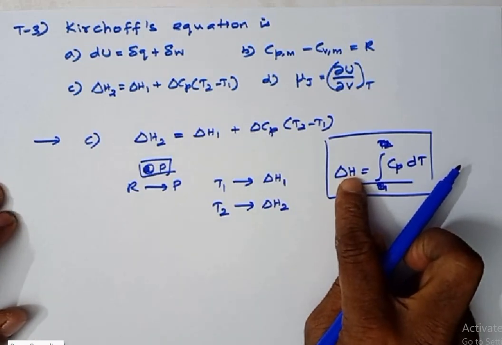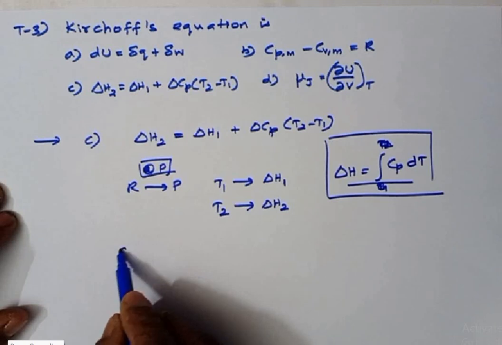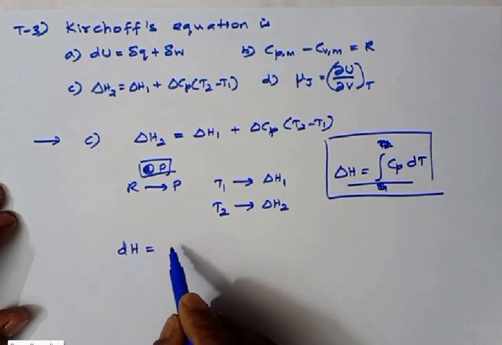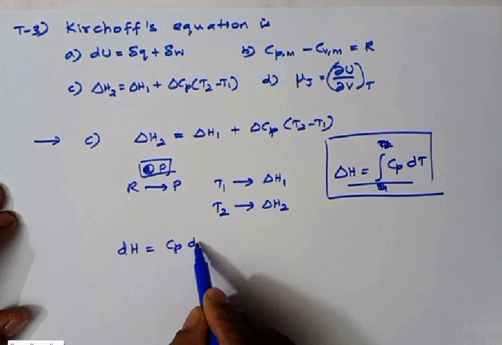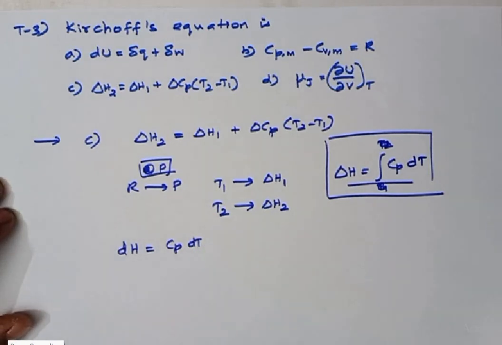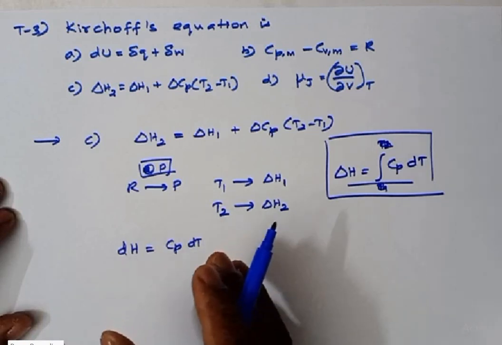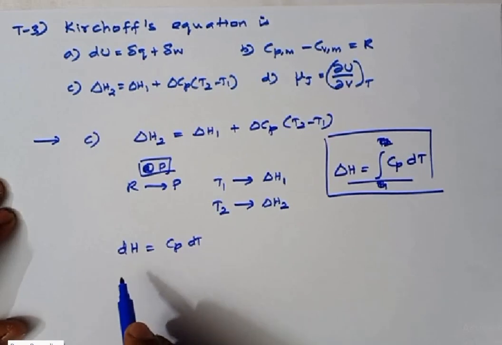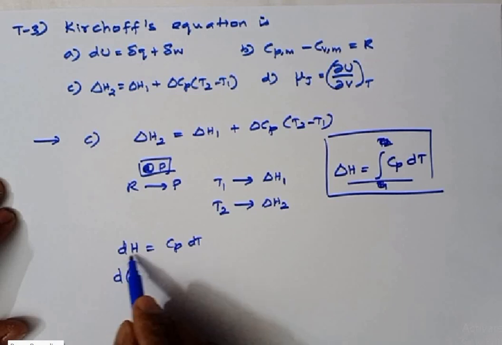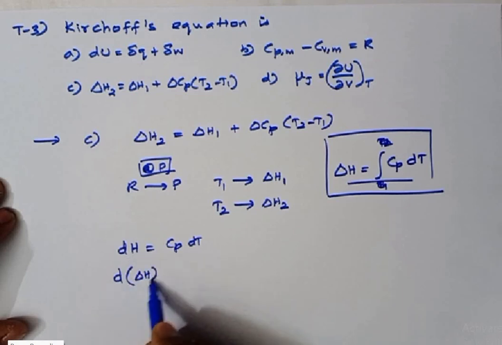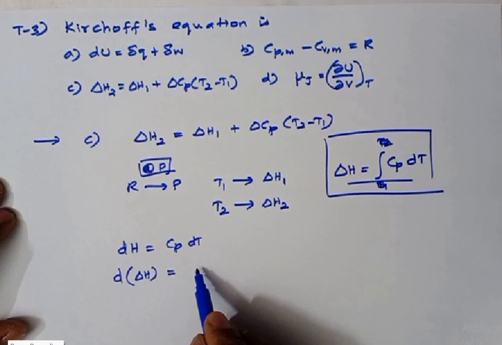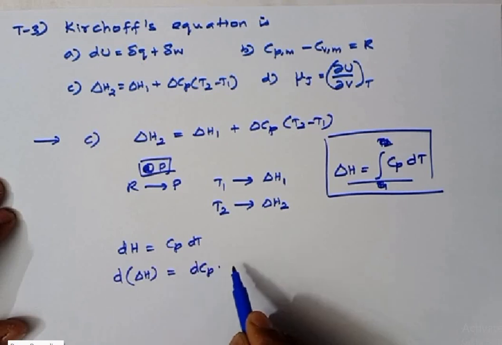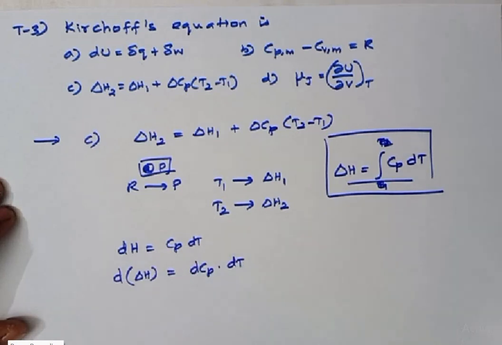For infinitesimal change, we write dH equals Cp into dT. Then to find the complete change, we differentiate: d of delta H equals differential of Cp into dT. Now we have to integrate.